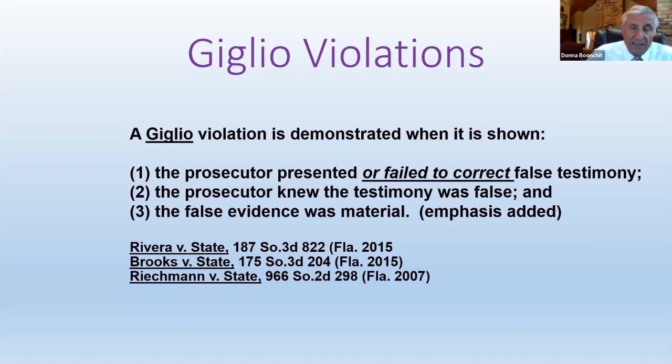It might be the way that each witness saw the particular event, even though it's 180 degrees apart from each other. So it's got to be a definite material false statement that really has no explanation other than the fact that it's perjurious.